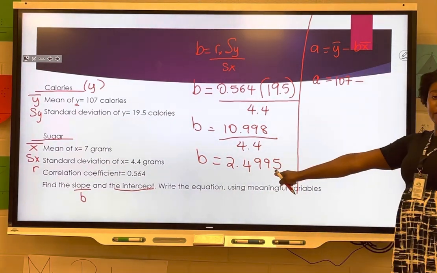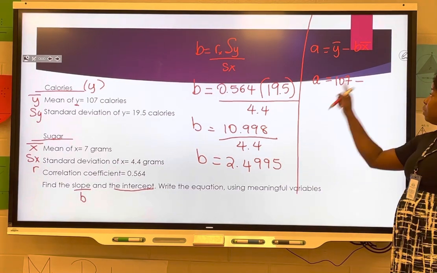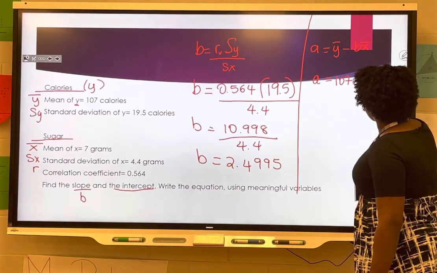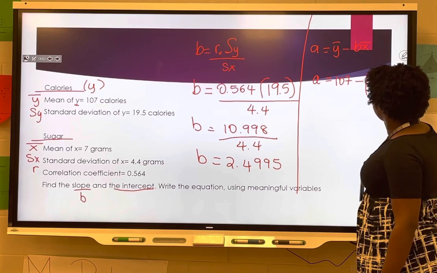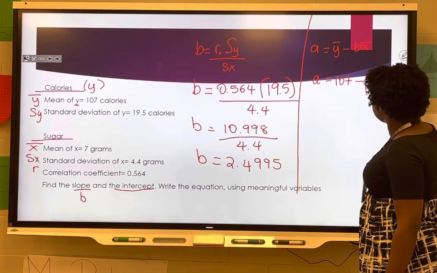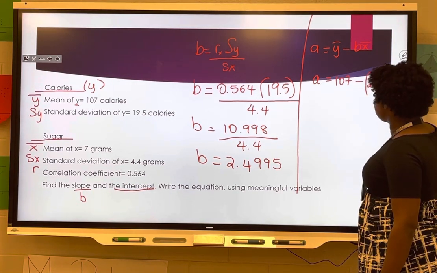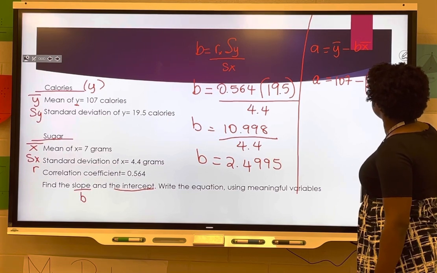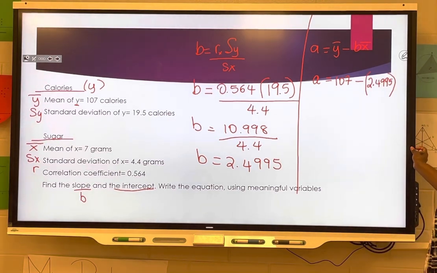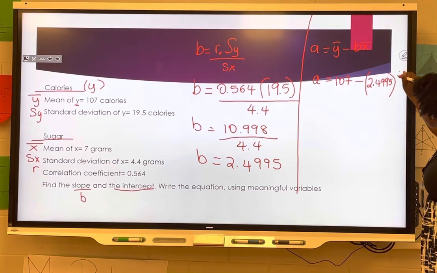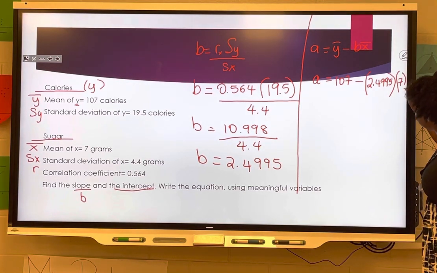We just found b right here. So this is the b that we need to put for our answer right here. I'm going to use the parentheses to put it there because sometimes your slope may be negative and you have to know what to do when your slope is negative. Alright, so now we have x bar, and x bar is 7. So I'm going to multiply that by 7.